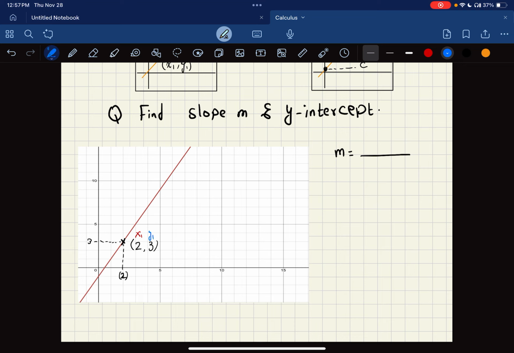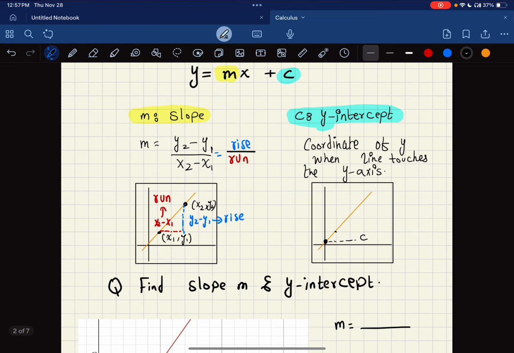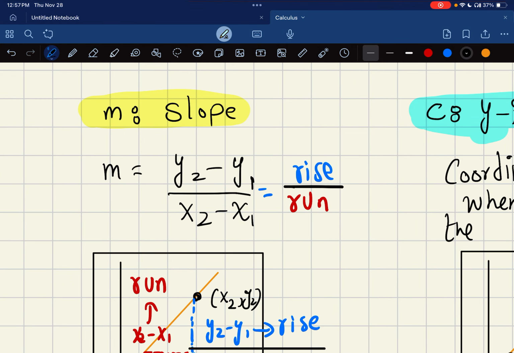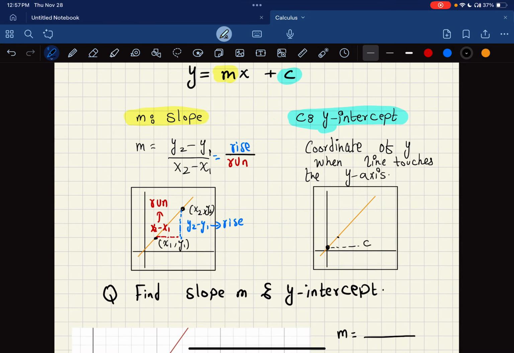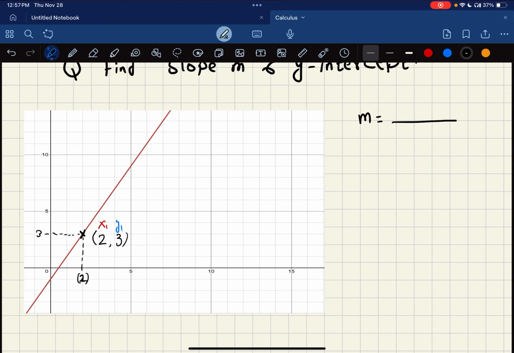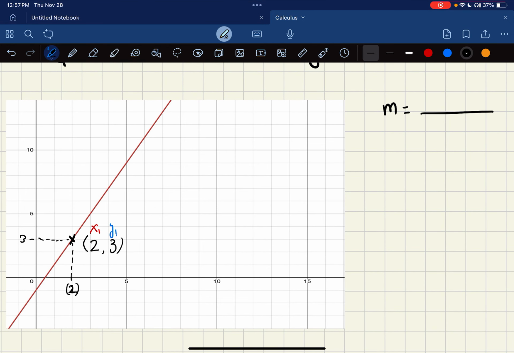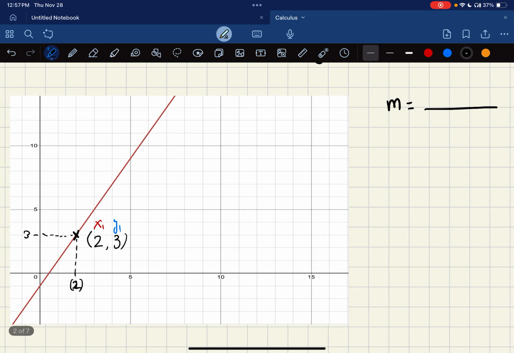Now, let's pick another convenient point, because remember, in the formula, we need two x values and two y values. So we have one right now. We have to pick another point. So let's pick, for example, this point.